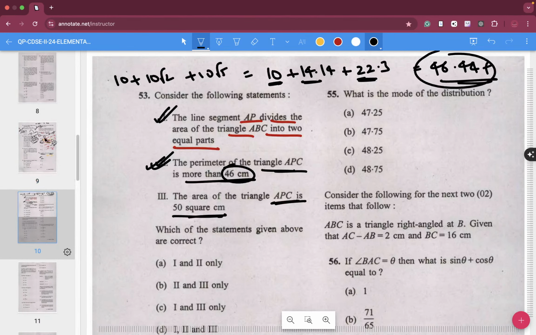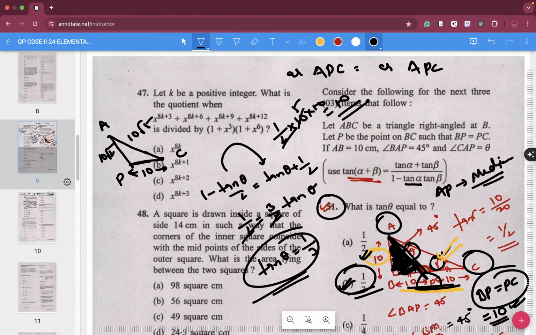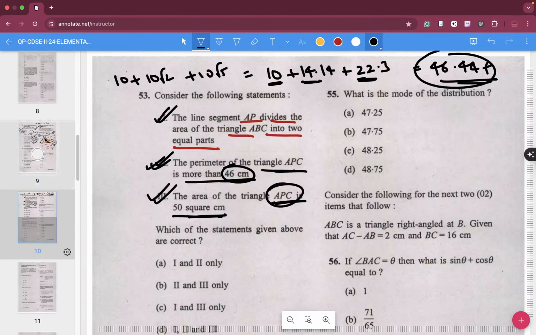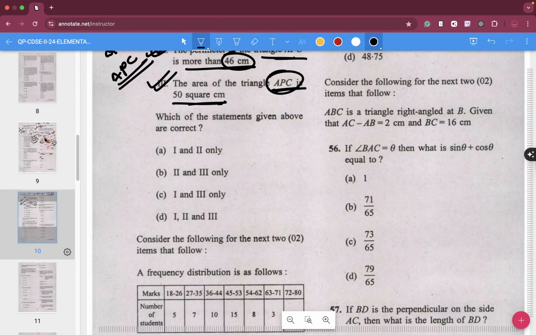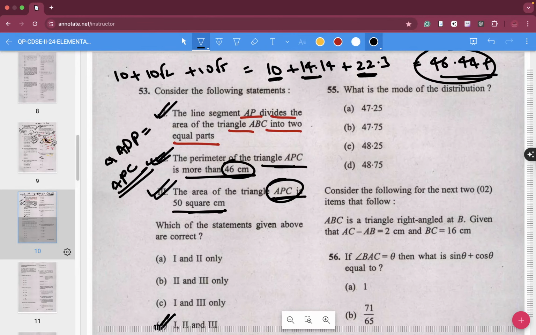And now they are saying 50 is the area of APC as well as the area of ABP. Over here area of ABP is equal to APC, both are 50 square centimeter. So for question number 53 we will go ahead with D as the correct answer, folks.